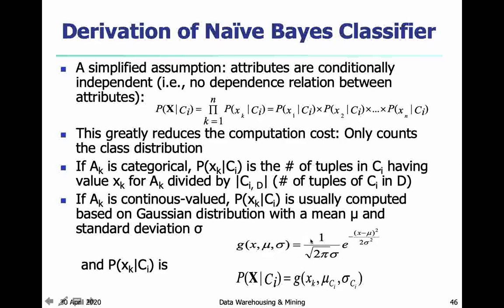The probability of xk conditioned on Ci is g(xk, mu Ci, sigma Ci), right? So here we have to compute mu Ci and sigma Ci, obviously.